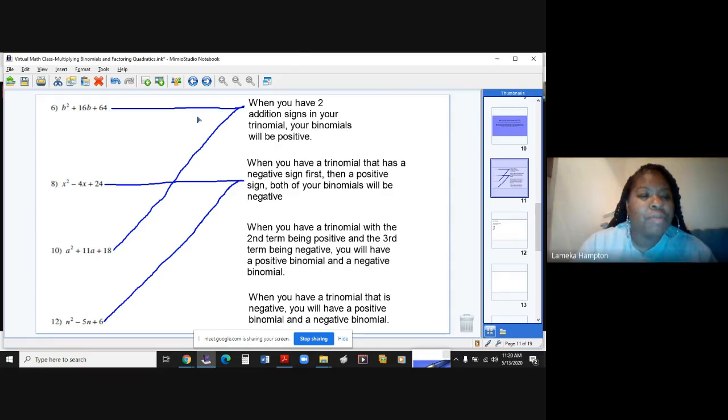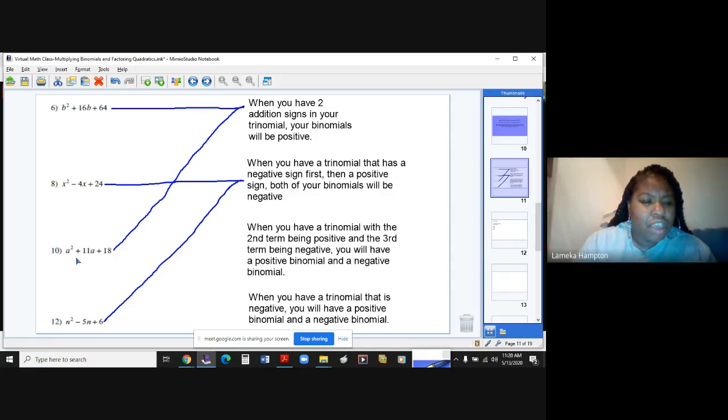So for example, because we have 2 addition signs here, we said that when you factor your trinomial, your binomials will be positive. So for this one, we have a negative sign and a positive sign. We said that when your trinomial has a negative sign and then a positive sign, both of your binomials will be negative.